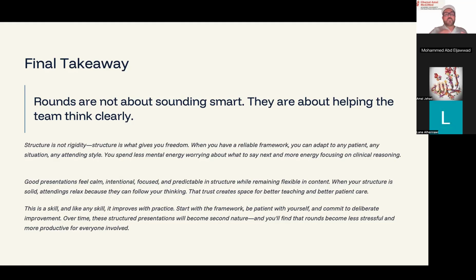Once you take away all of these instruments, you get to the bottom of what rounds are about: the exercise of thinking, what is the answer to the most important question that your patient can ask you? Doctor, what's wrong with me?